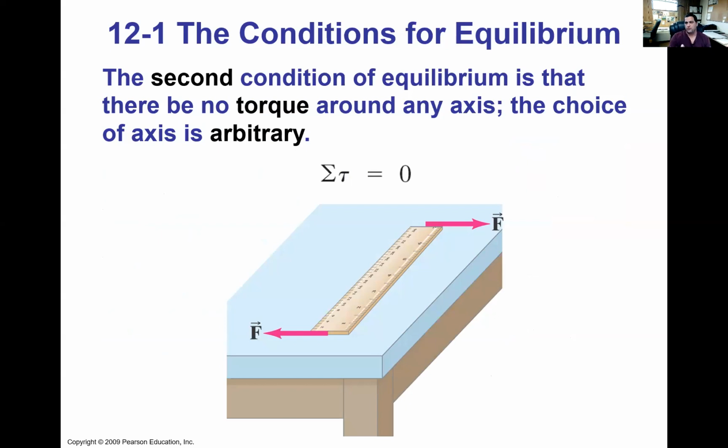This text continues to refer to them as torques. So the second condition of equilibrium is that there can be no torque about any axis. Whatever axis that is can be completely arbitrary. So the sum of torques has to be equal to 0. There can't be any rotation for this either.